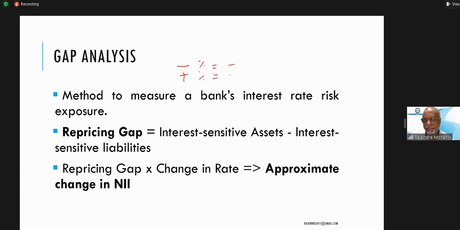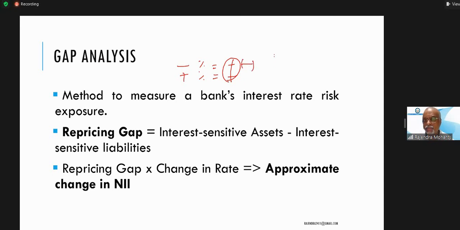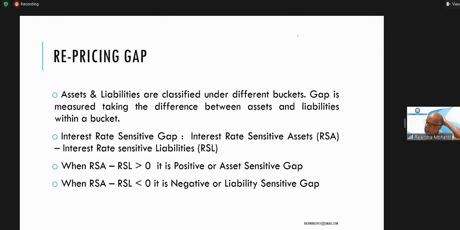But minus does not mean that your NII is going to decrease. It might be possible that NII is increasing also. So do not go by the plus or minus of the repricing gap. Only think about which side is more impacted. Upon that you can arrive at whether the NII is decreasing or increasing. Okay, some exercises we will do to see whether you are able to understand that.